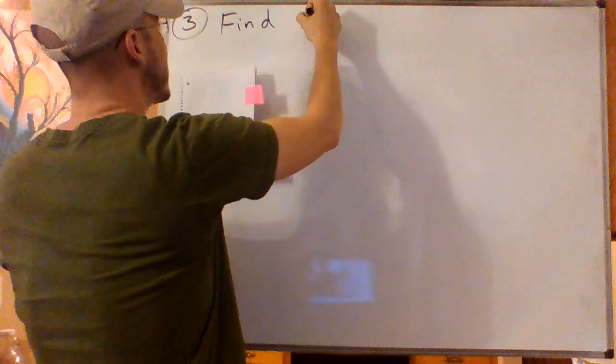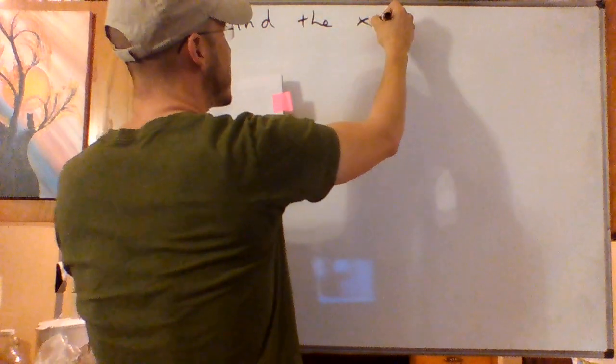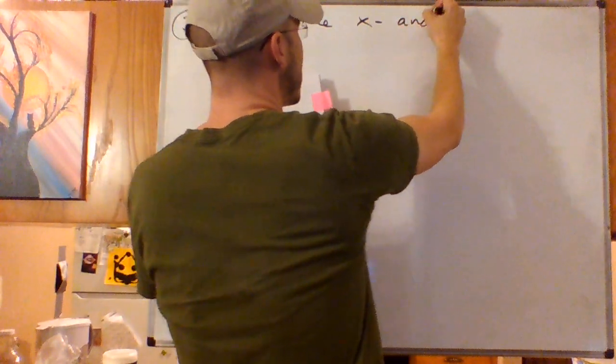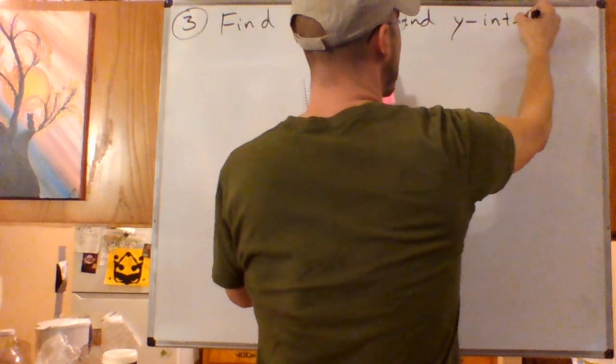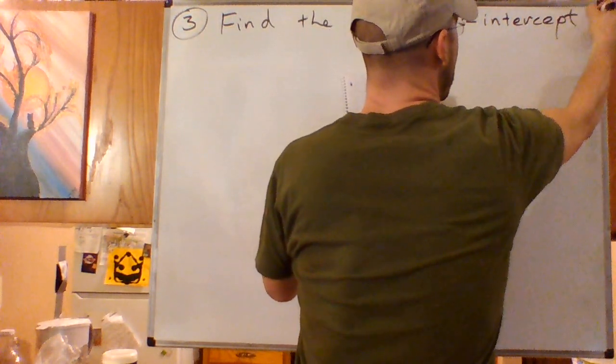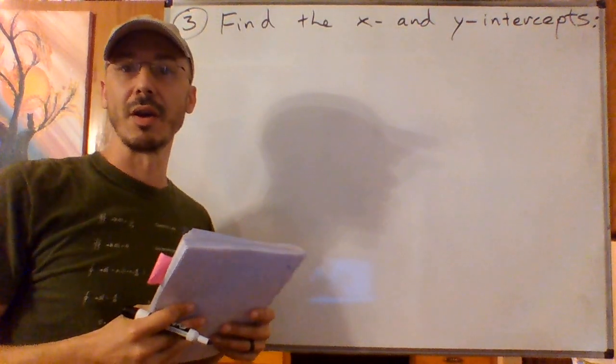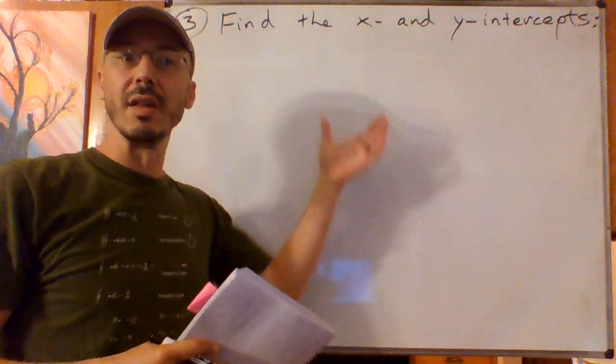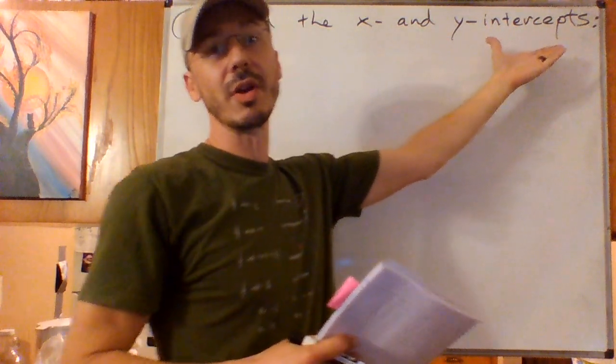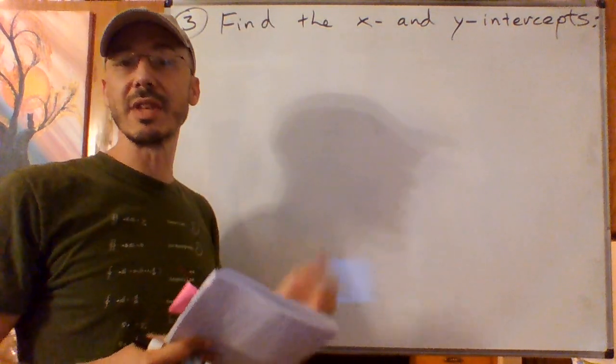What we're going to do in this one is find the x and y intercepts. So intercepts are special points on the graph, which is a line. In particular, there are special points where the graph crosses one of the axes.